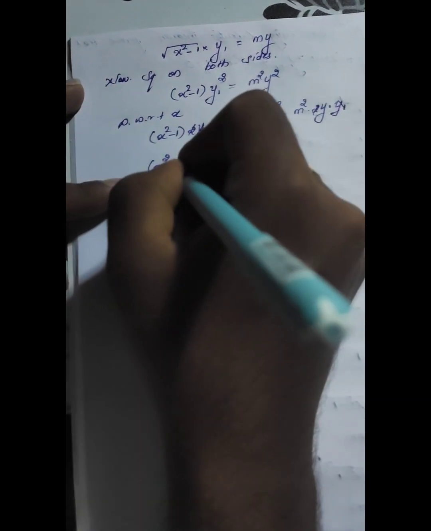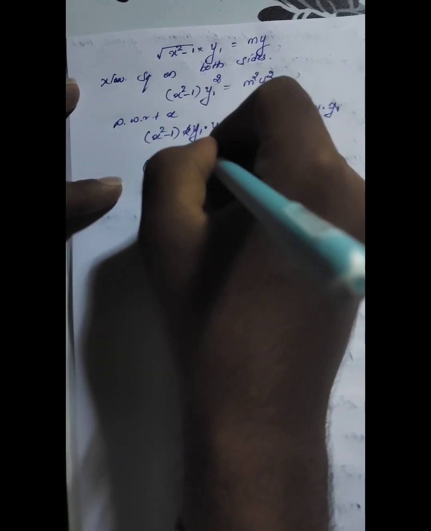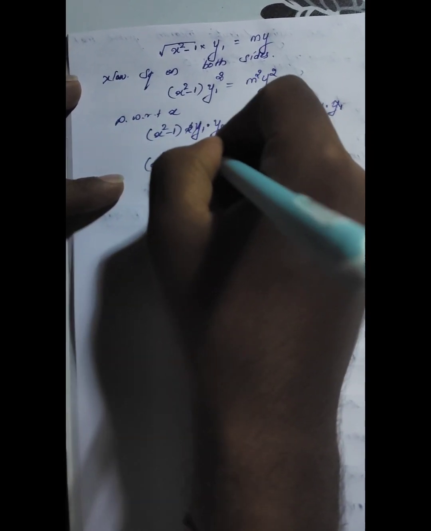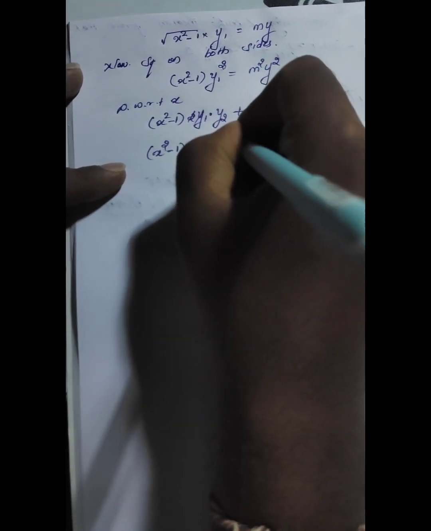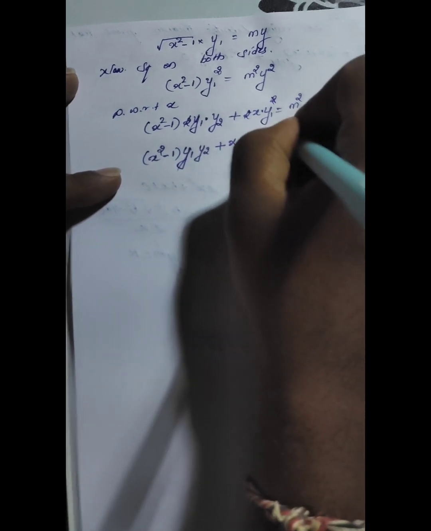So now x square minus 1 into y2 plus x y1 will be equal to m square y.